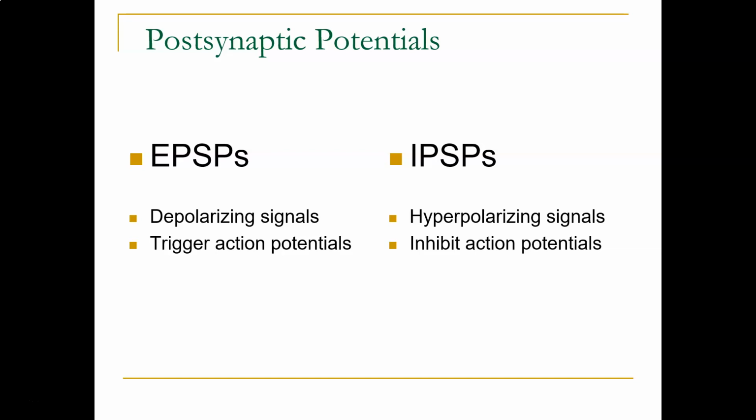Because the sodium gates need a depolarizing signal that will depolarize the membrane by several millivolts, from usually -70 to -55. That's depolarization. So E for excitatory. They excite action potentials. Not always. If they're too weak, they won't, but that's their job if they're strong enough. IPSPs inhibit action potentials.